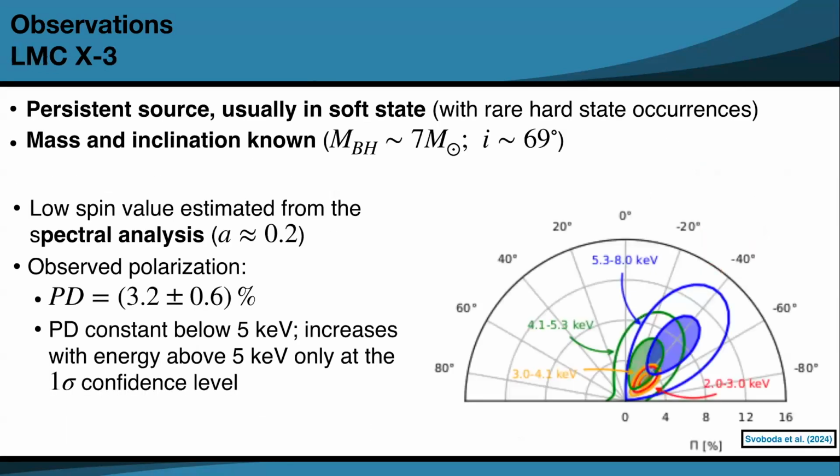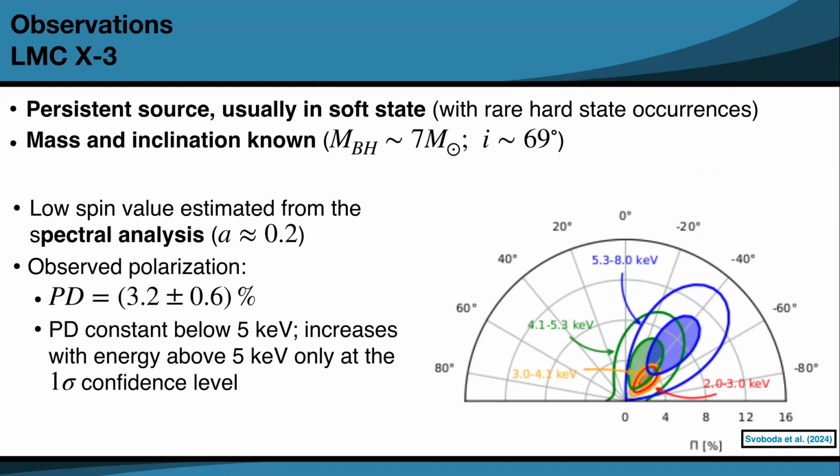Finally, the third one is a little different. It is LMC X-3, which is another persistent source, actually. The mass and the inclination of the source are known as well. But the difference is that in this case, the spectral analysis suggests the spin of this source to be quite low, so quite a different situation than the previous ones.